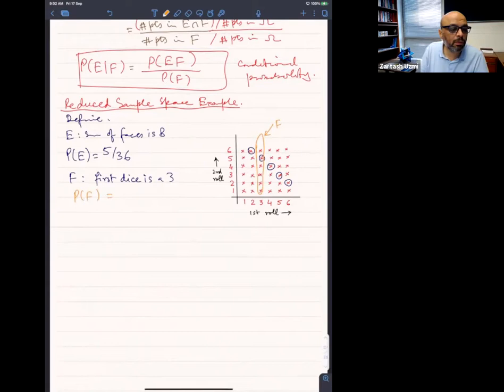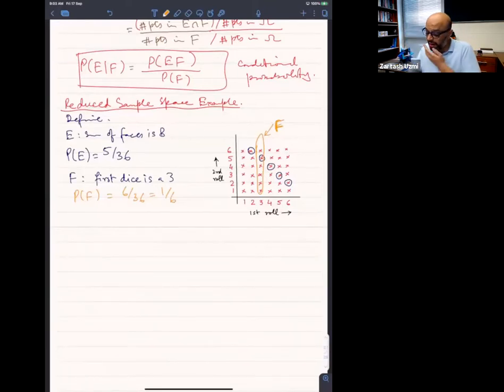Answers in the chat window. Yeah, it's 6 out of 36. 6 points हैं F के अंदर. F के अंदर 6 points हैं out of 36. So the probability of F is 1 over 6.